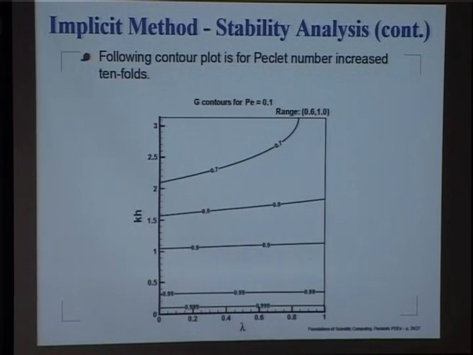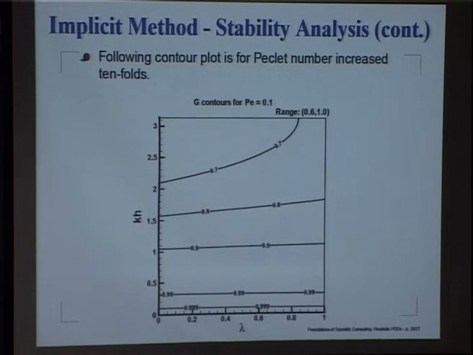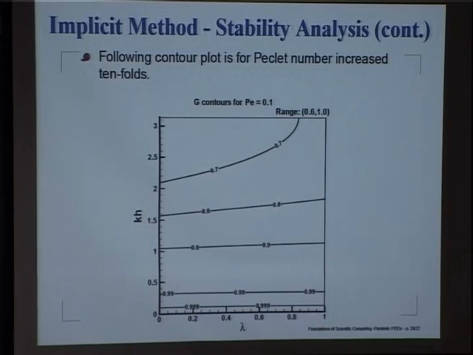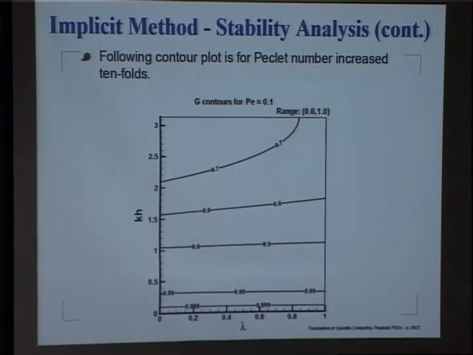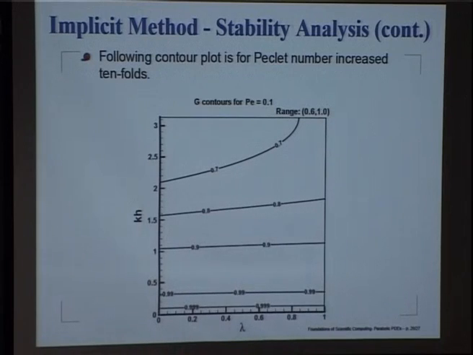Lambda equal to 0, right. So, you can see this is your explicit method and this is your implicit method, fully implicit method, and you can see that there is a significant improvement here, that we do not go below 0.6, whereas in FTCS we could have gone all the way up to 0, right.